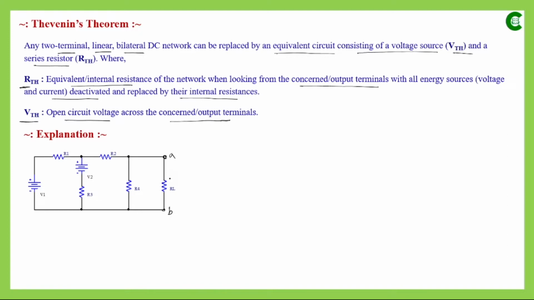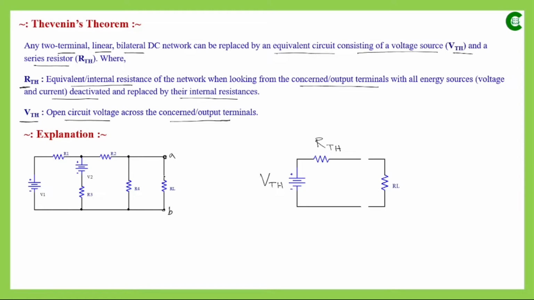So in that case, what we have to do is remove this concerned resistor across which the voltage drop we want to find out, or through which the current value we want to find out. Then the rest of the network will be represented by a single voltage source, this VTH, and this whole network will be represented by again a single resistor RTH, and this VTH and RTH will be connected in series.